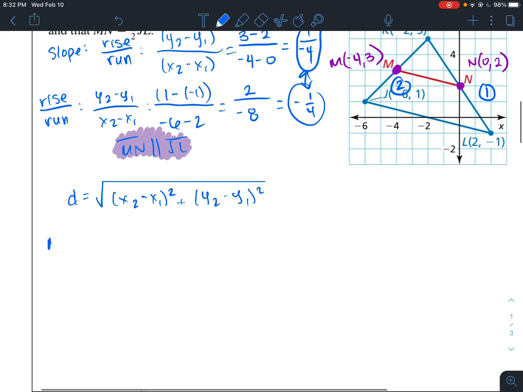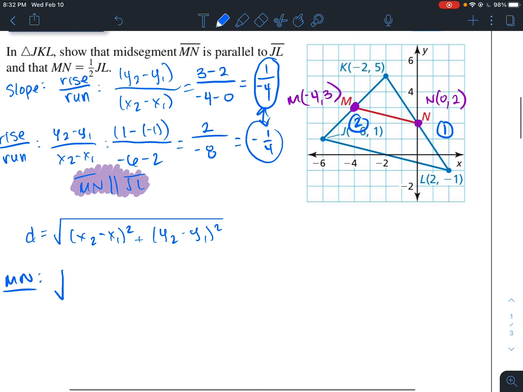So for mn, the distance is the square root of x2, so that'd be this one right here, negative 4, minus x1, which in this case would be 0.